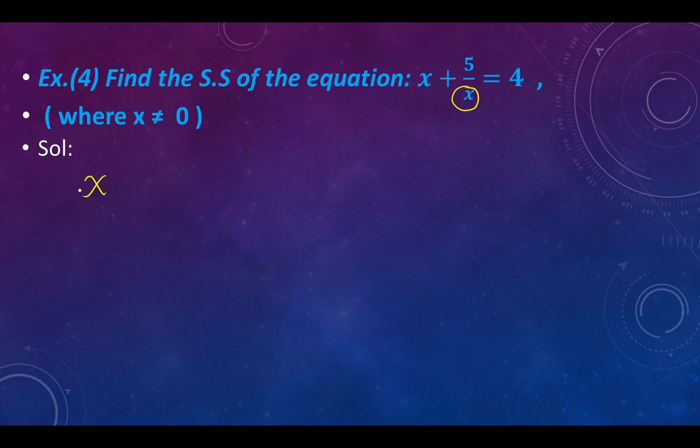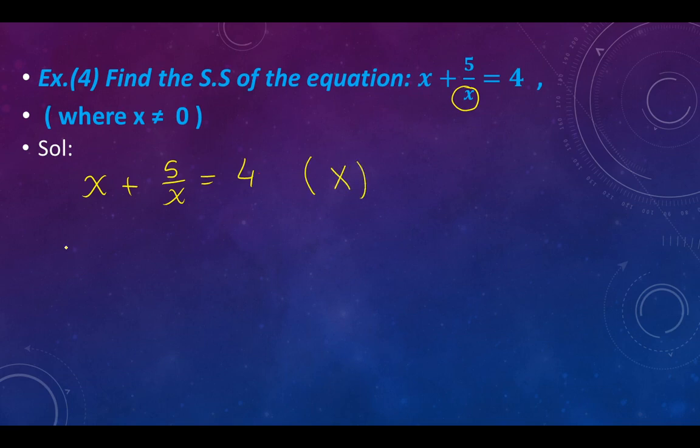Here x plus 5 over x equals 4, multiplied by x.